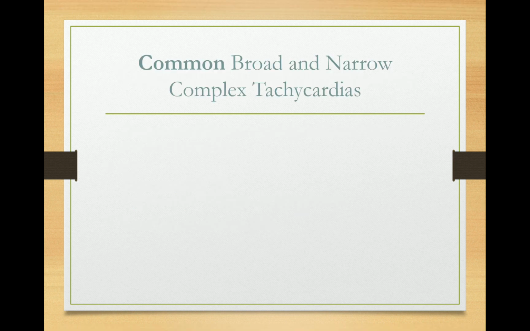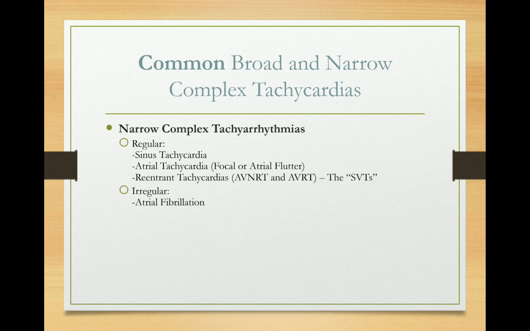So to summarize, this is the slide that we all need to understand and know to differentiate all those arrhythmias. So number one, the arrhythmias can be narrow complex or they can be broad complex. So in the narrow complex, they can be regular or irregular. In regular, the most common ones are the sinus tachycardia, where there would be a P wave, and the atrial tachycardias.